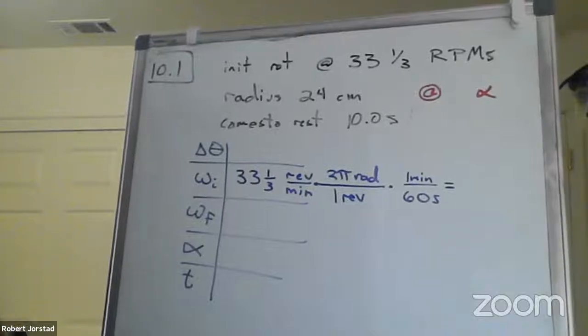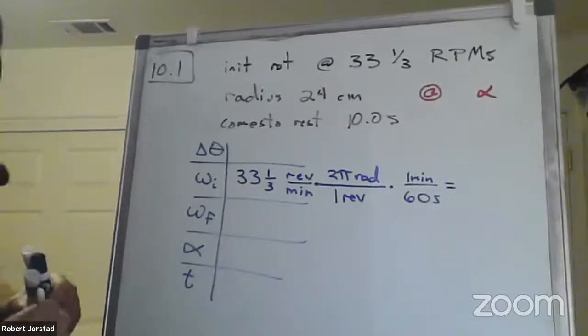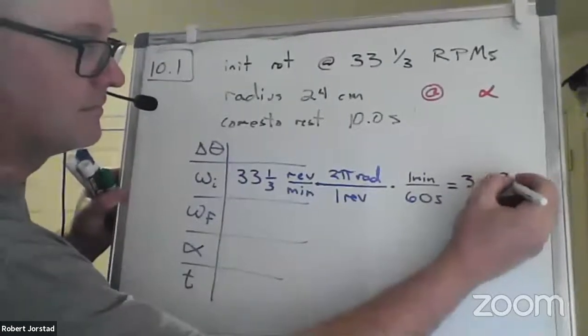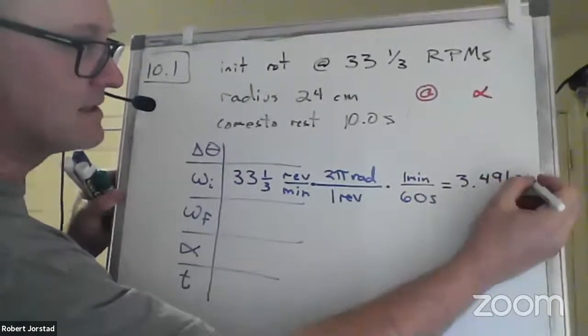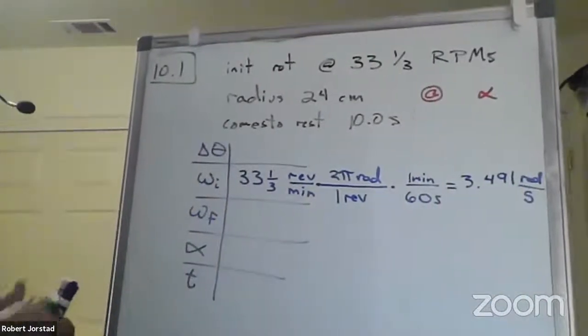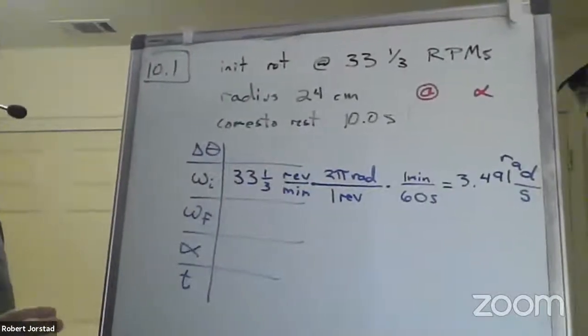So that's about what he was expecting. 3.491, let's say, radians per second. Sorry if that's sloppy. That says radians per second. Okay. Sorry about that.